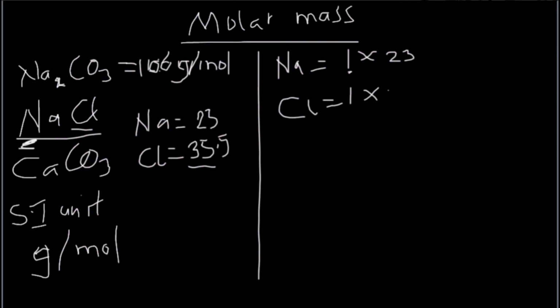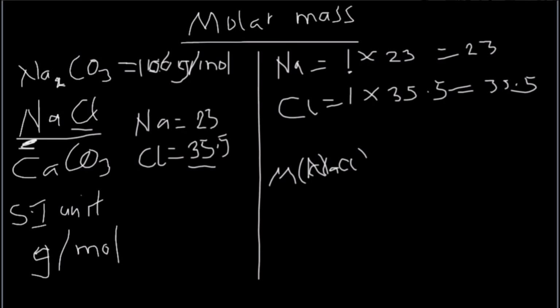So 1 times 35.5. So this will give you 23, this will give you 35.5. Therefore, the molar mass of sodium chloride will give you 23 plus 35.5.